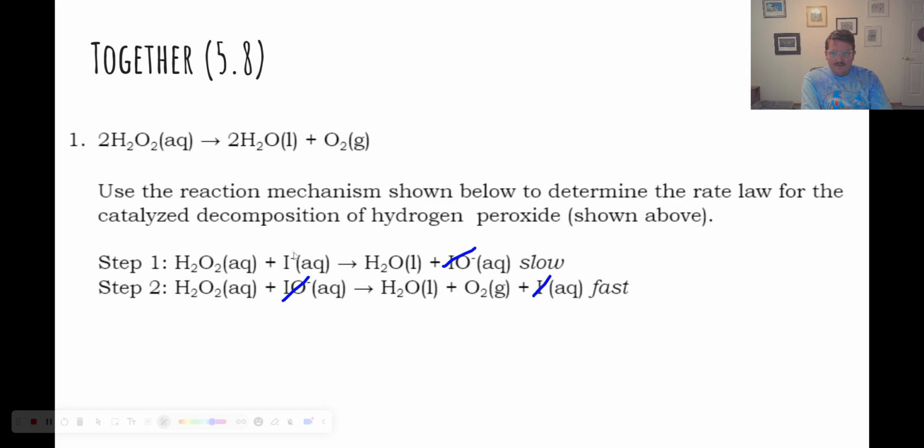This I minus gets reproduced there. Everything left, two H2O2s, two H2Os, and an O2. So we match. We are told that this slow step is this first step. So the rate law would just be rate equals K times the concentration of H2O2.